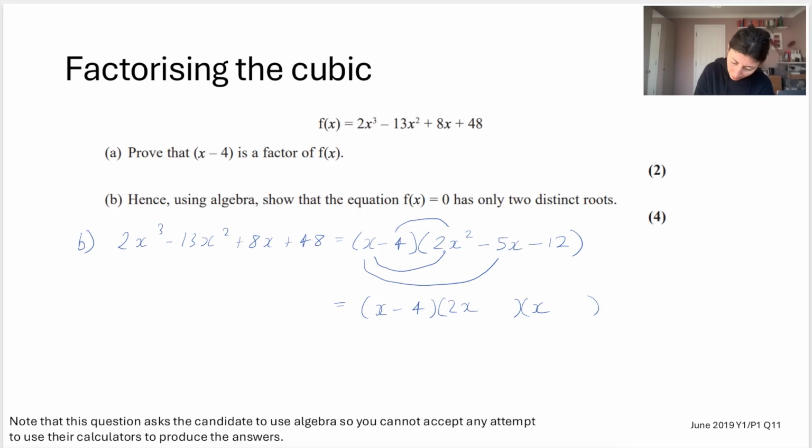Now they can go onto their calculators and use it for this last step if they find it is helpful. We're trying to get 12, and I need a 5 in the middle. It's a bit of a tricky one because we've got the asymmetry between the two brackets of the 2x in one and an x in the other.